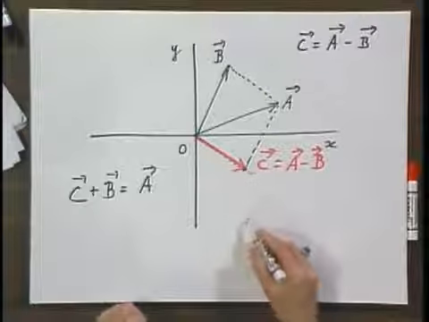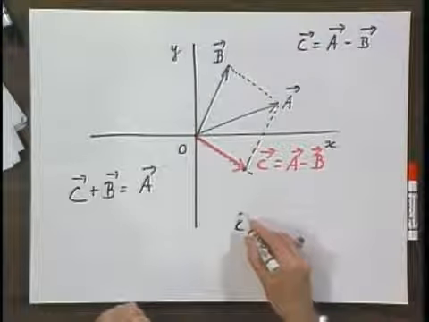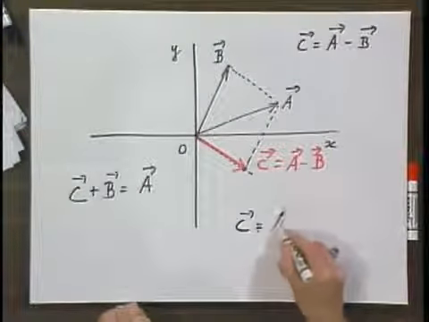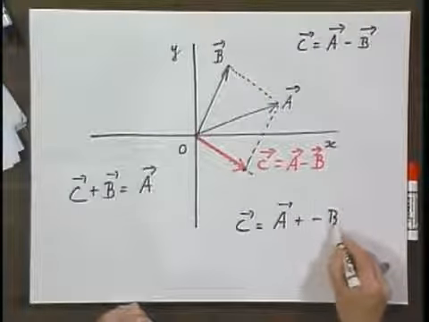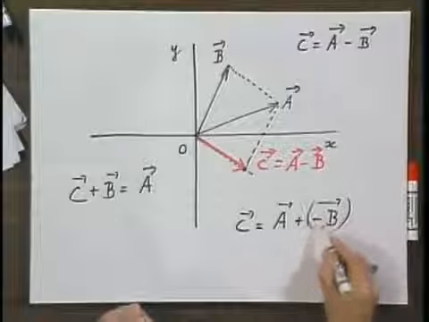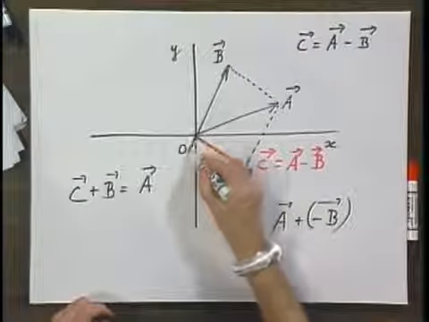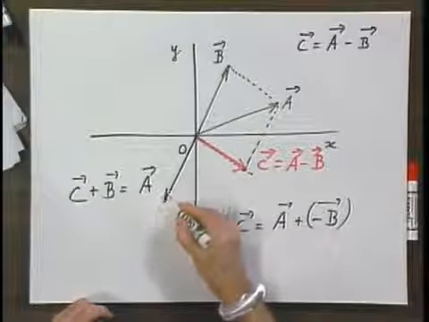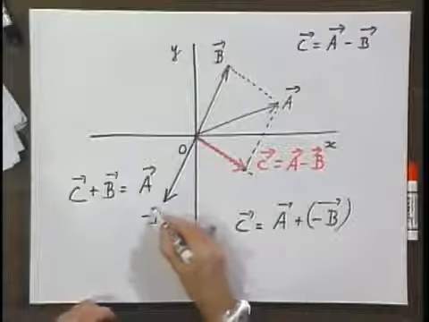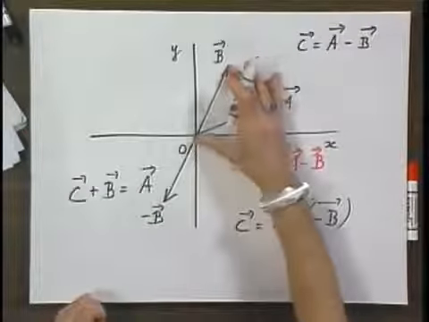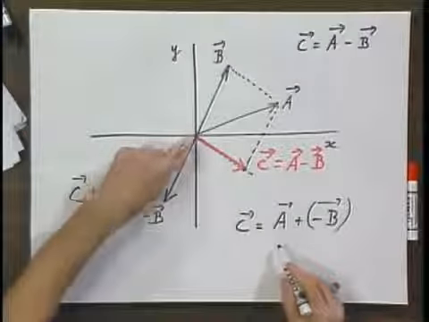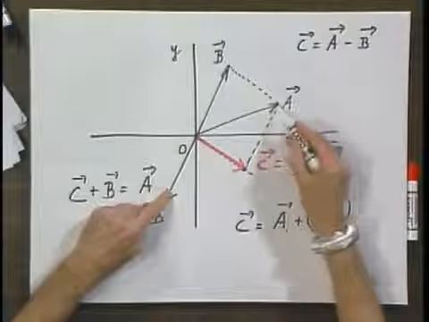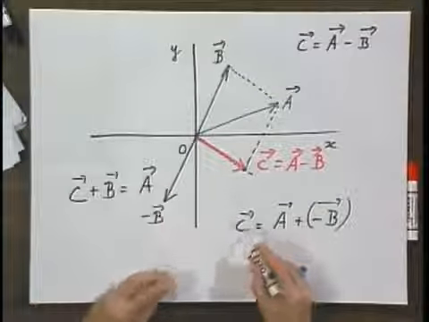Another way of doing it is saying, aha, C is also A plus minus B. So minus B is this vector, the same as this one with 180 degrees flipped over. Now I have to add this vector to A to find C. Well, there we go.